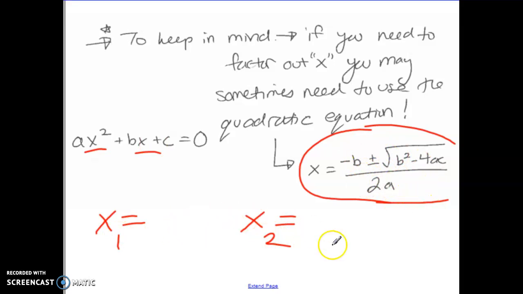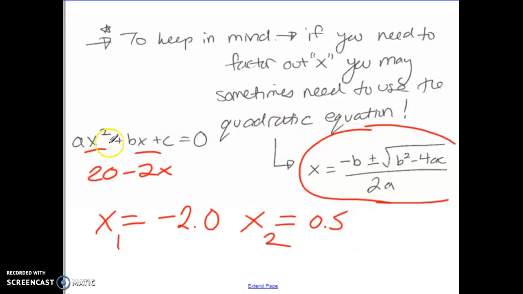Whenever you end up doing the quadratic equation, typically one will be deemed invalid and the other one is obviously valid. So let's say we had a situation where we were doing our 20 minus 2x again, 0.5.